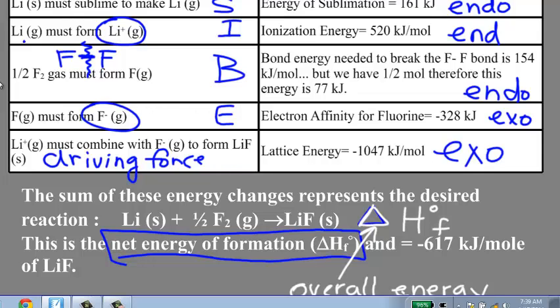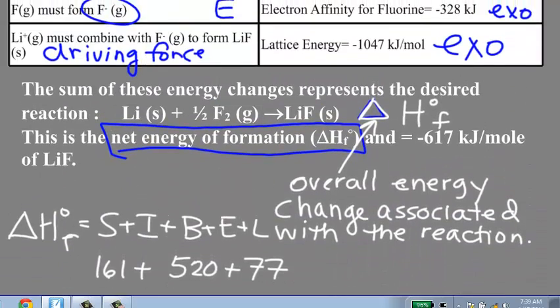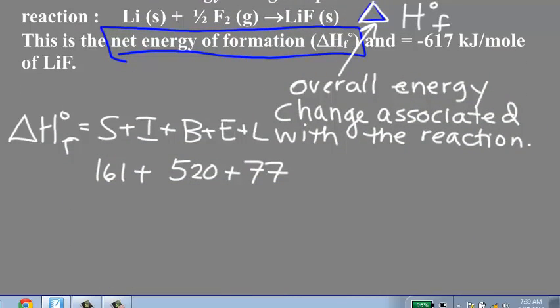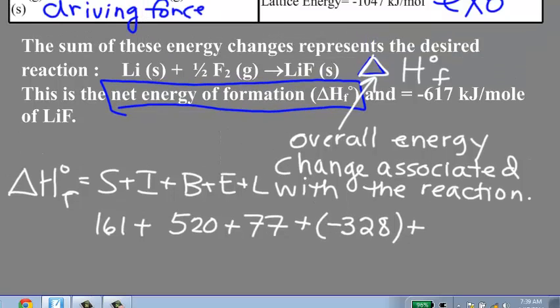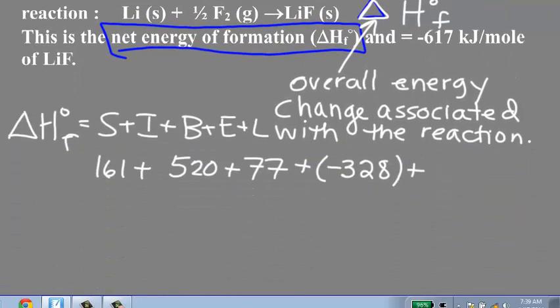There's no sublimation necessary. You need to get them as a gas, you need to make them ions, and then you need to let them get together. Okay, those are really the 3 basic steps. So then we need to make F an ion, which is our E, which was negative 328. And then we let them interact, which is our lattice energy, and that is negative 1047.